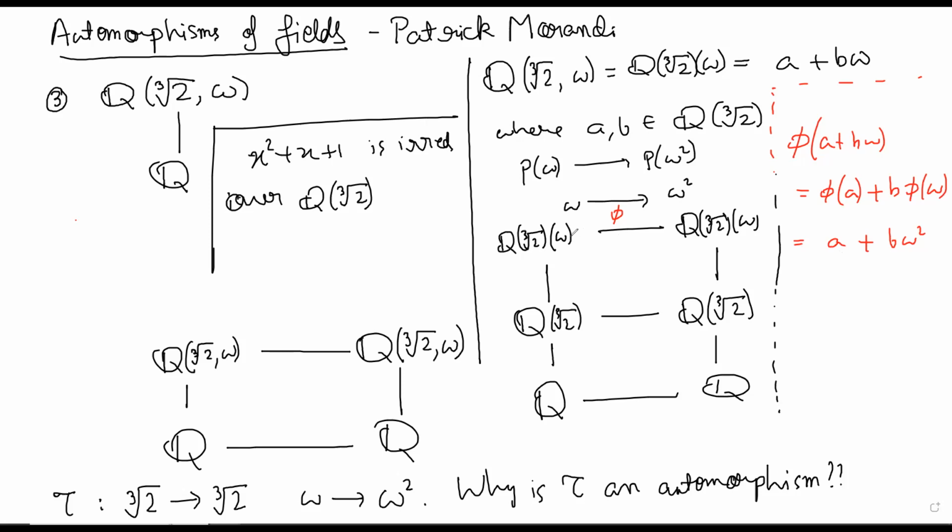Why? Because you may have one element of this field, let me call this alpha, but it may have two different representations. Alpha may be equal to P1 omega, and alpha may also be equal to P2 omega.